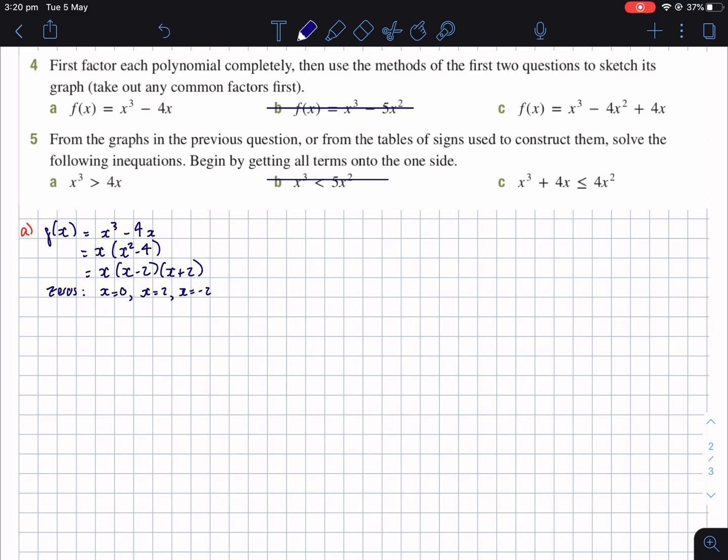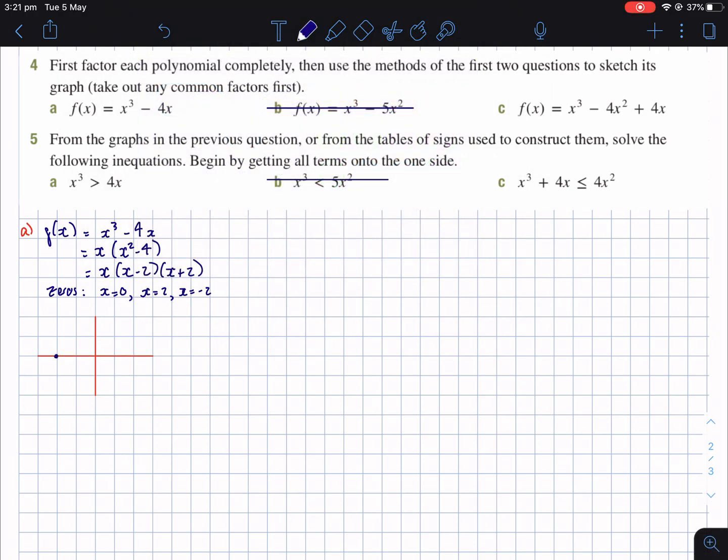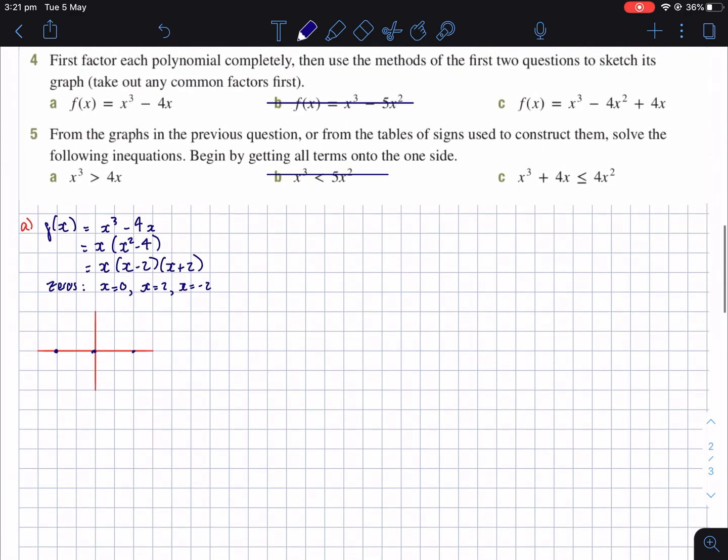If we were to graph that, we know it goes through here, here, and here, but we don't know if it goes that way or if it goes that way. So let's find out by subbing in a point less than negative 2. I'm going to sub in negative 3.